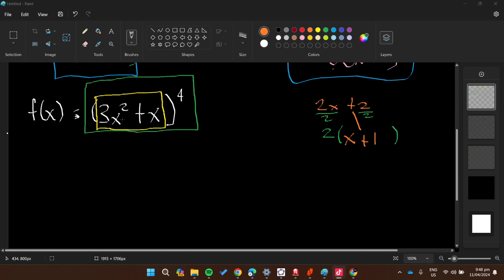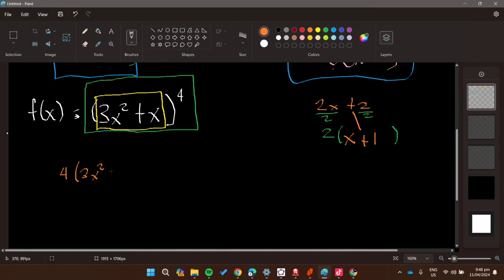So again, kunin natin yung outside function muna. Ano yung derivative of the outside function? So meron tayong exponent na 4. So kopyahin lang 4. And then, we have 3x squared plus x. 4 minus 1 is just 3. Alright? And then, multiply it by what?